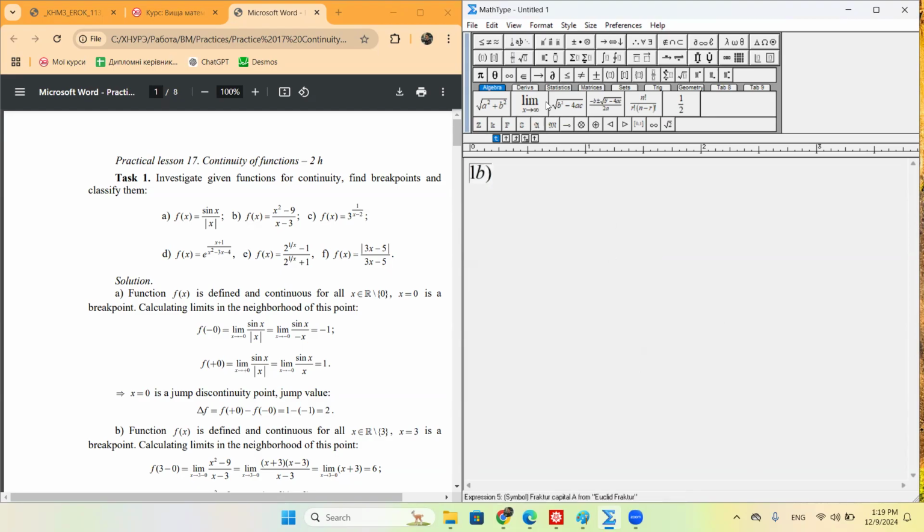So the next example. We don't calculate limits for now.